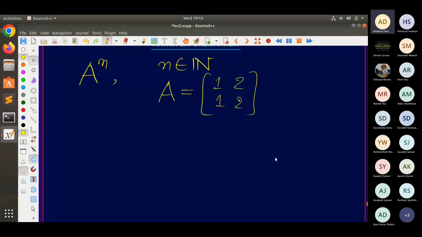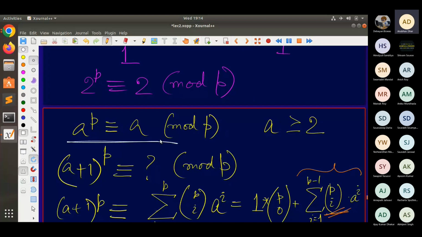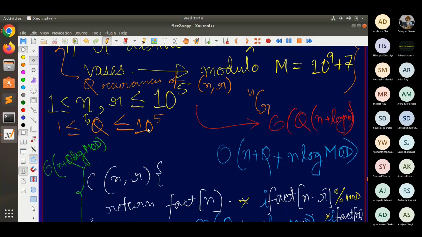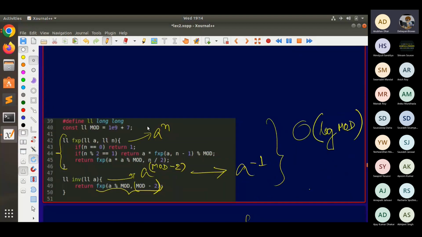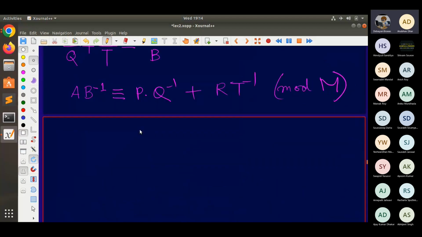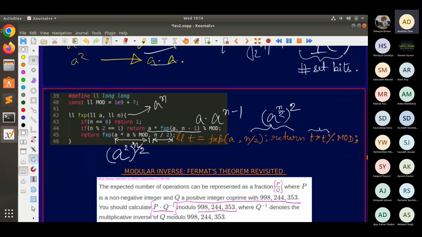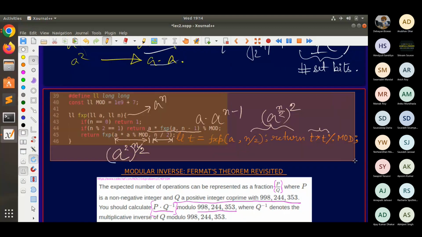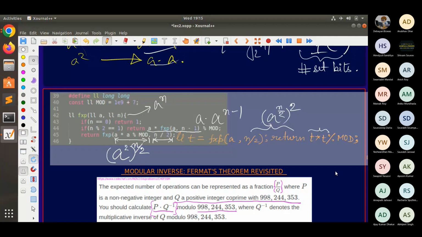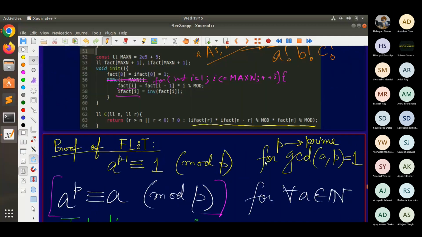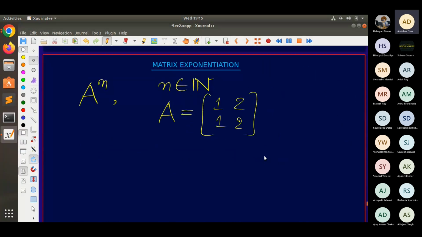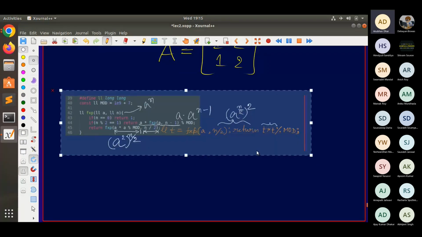So can you suggest a code that would do this? Anyone? It's binary exponentiation. Yeah, so you use the same code, and it will have different multiplication. Exactly.